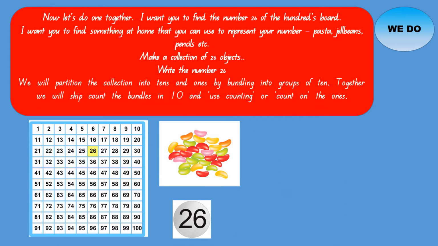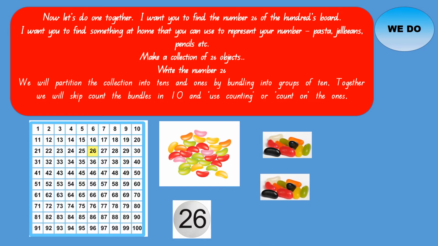Now I'm going to partition the collection into tens and ones by bundling them into groups of 10. Together we will skip count the bundles in 10 and use counting or count on for the ones. So there's one group of 10, so we have 10.